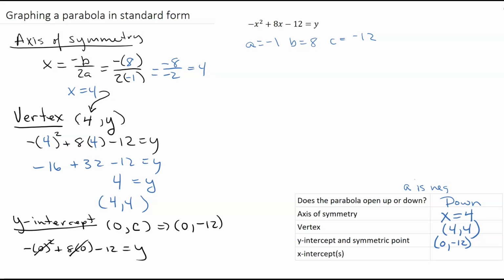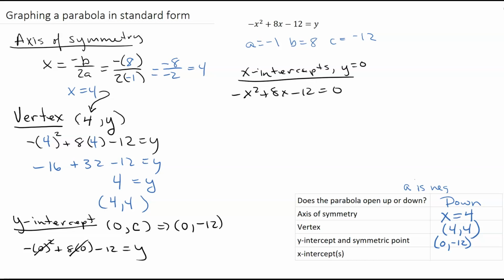The last points I'm going to look for right now are my x-intercepts. And to find my x-intercepts, I always set y equal to 0. I have a choice of trying to factor or use the quadratic formula.